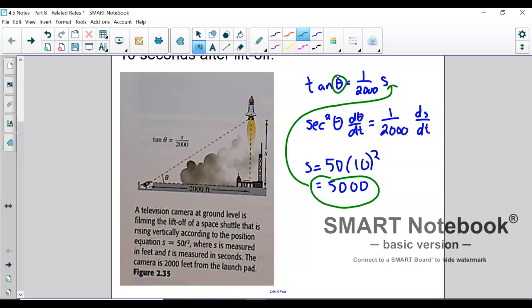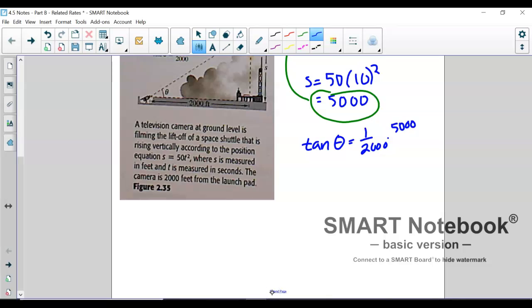So we are going to have tangent of theta equals 1 over 2,000 times 5,000. So that is just going to be tangent of theta equals 5,000 over 2,000, or 5 halves, or 2.5.